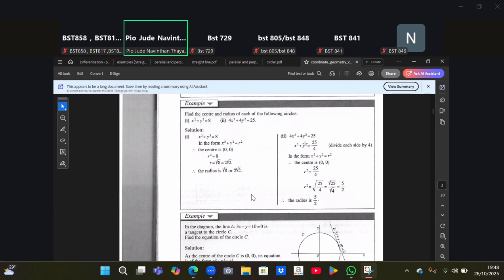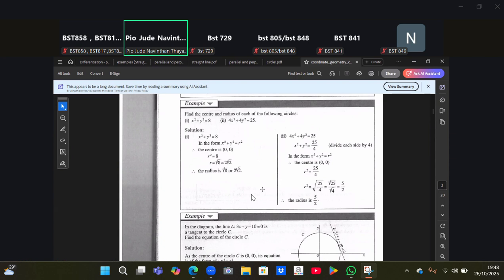Therefore, the center is 0 comma 0. r square is 25 by 4. Therefore r is equal to root of 25 by 4. Here we need r, not r square; the book is also wrong here. It means root of 25 over root of 4, which is 5 over 2. So 5 by 2 is the radius.